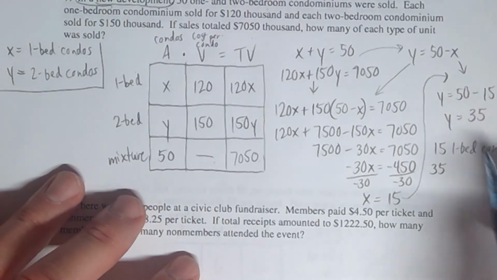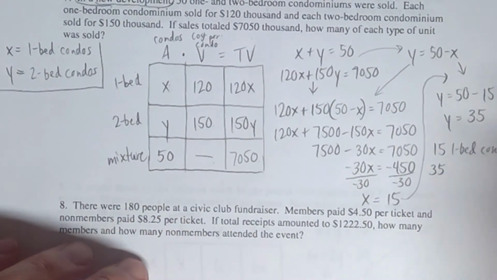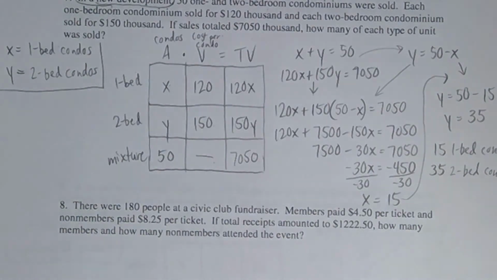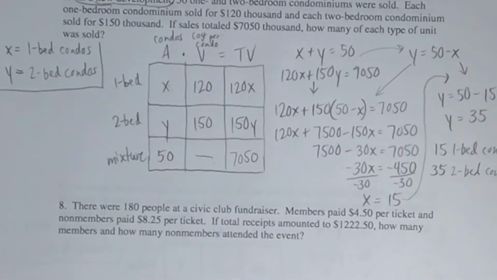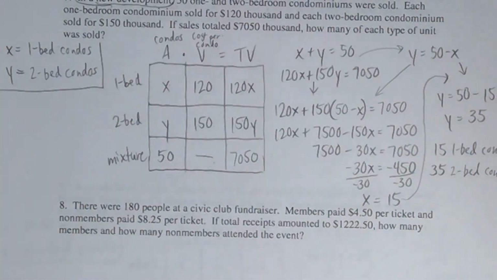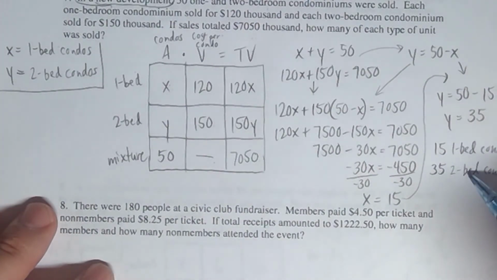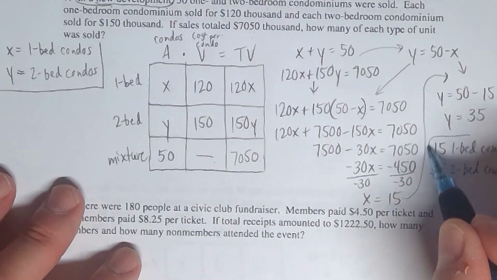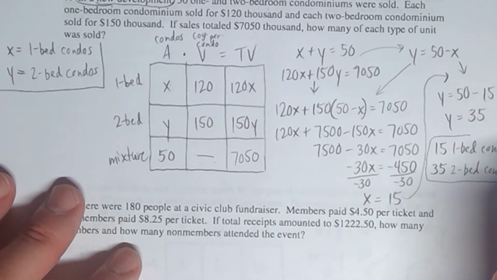All right, and when you put one bed in there as opposed to two bed down here, that tells me the difference. So they're measured in the number of condos. So the word condos is similar to the word pounds or the dollar sign. That's how it's measured. And then the one bed and the two bed part tell me which one is which. The 15 is the one bed and the 35 is the two bed.